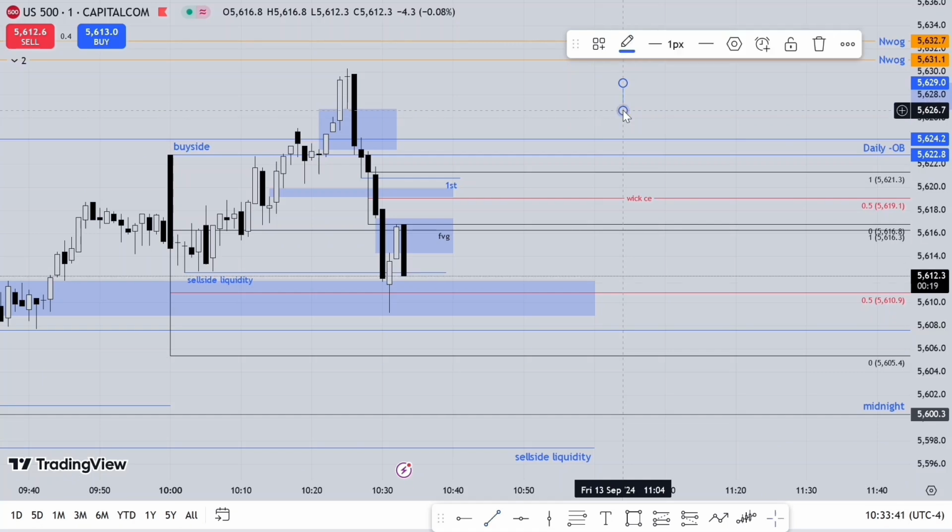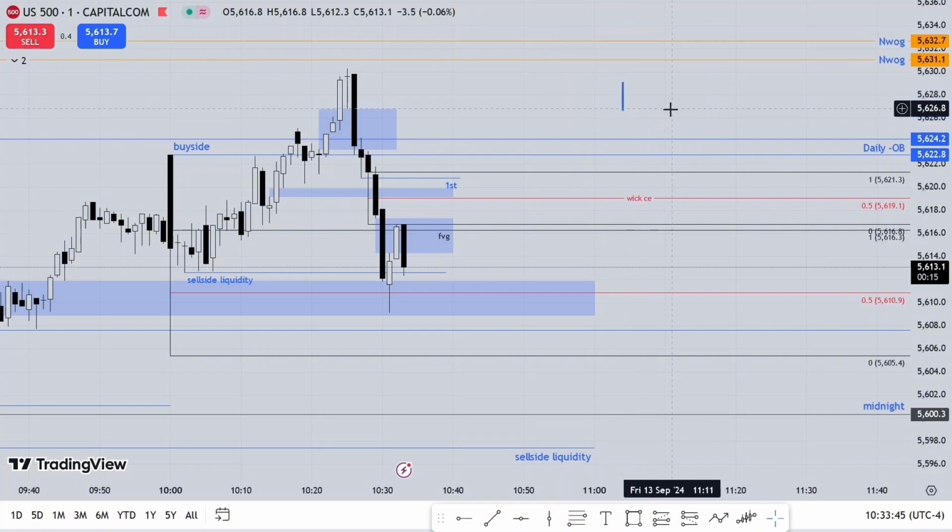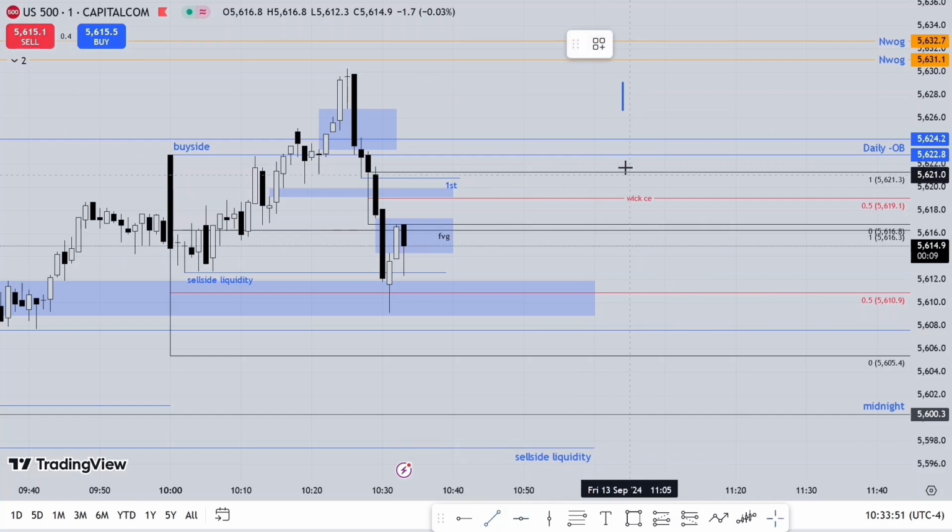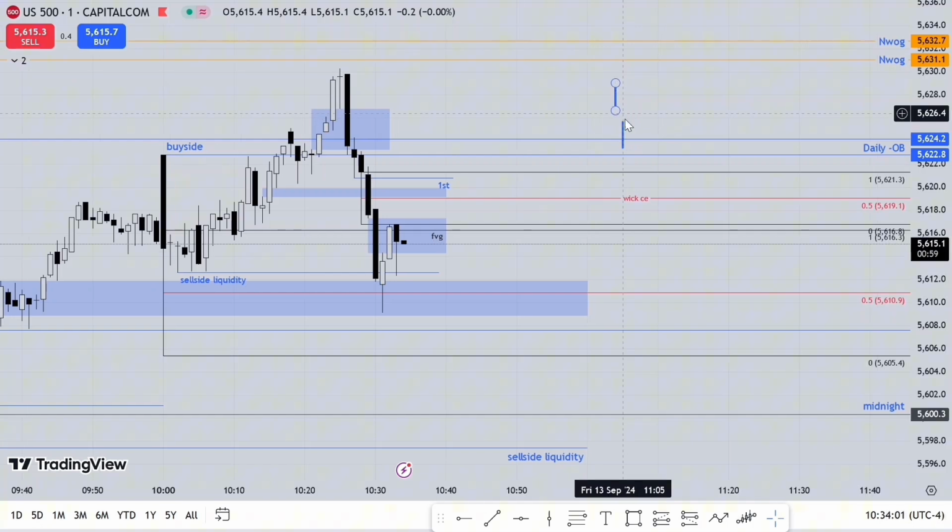So when price creates something like this and starts the next candle here like this, you have an imbalance. There's unfilled price action here. In this case, this is a liquidity void.